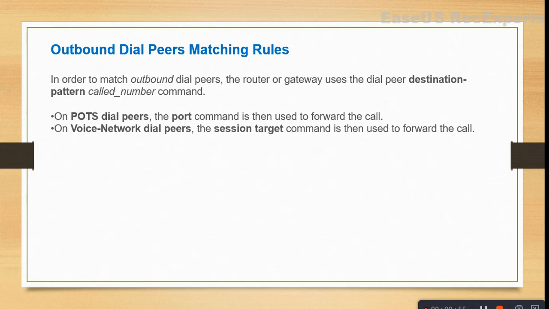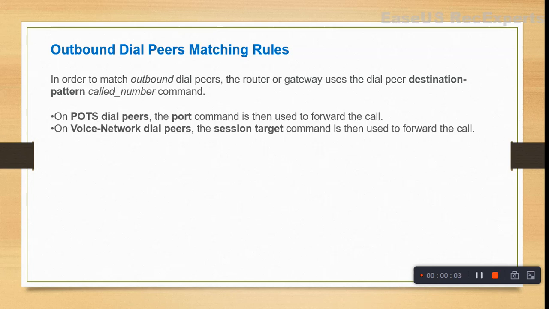This we have already discussed. Port command is used in POTS dial pair, and we use session target, and the session target command is used in VoIP dial pairs to point to the destination device. So it can be call manager when you have a VoIP leg between call manager and voice gateway, and it will be used in the outgoing VoIP dial peer.